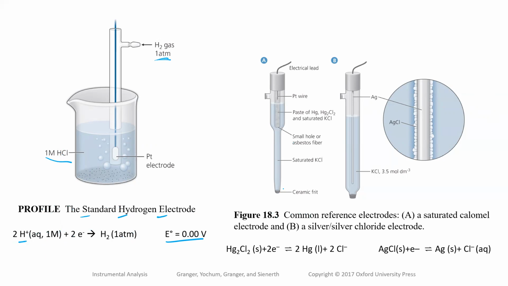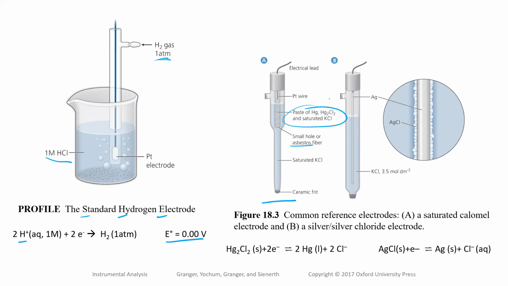The two much more common reference electrodes are the saturated calomel electrode, which was common for a very long time. It's sort of falling out of favor because you see here, it's got mercury in it. Mercury is, of course, a no-no these days. It also has a little asbestos in it. Man, what were they thinking?